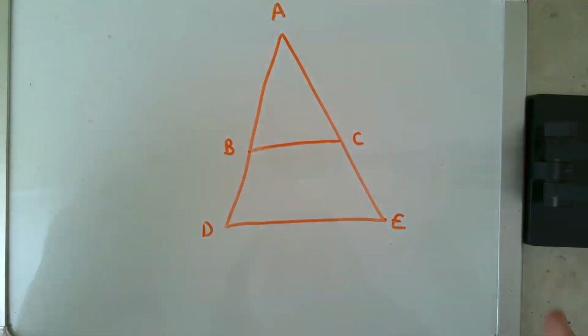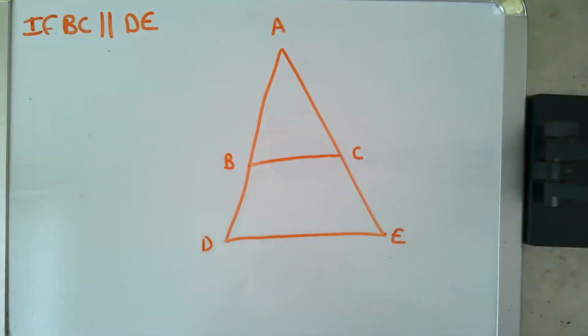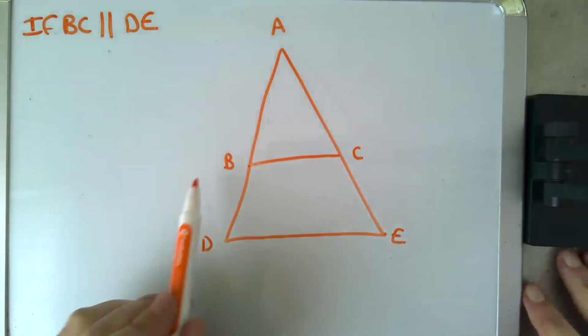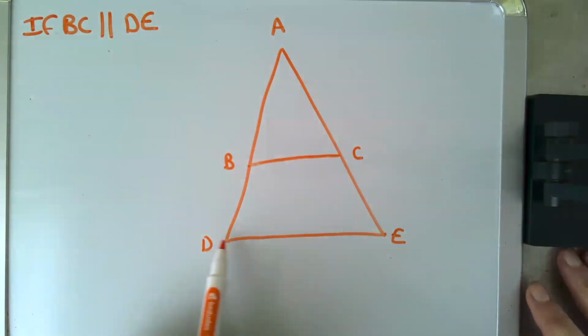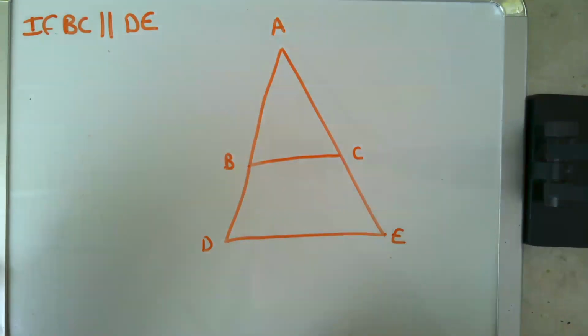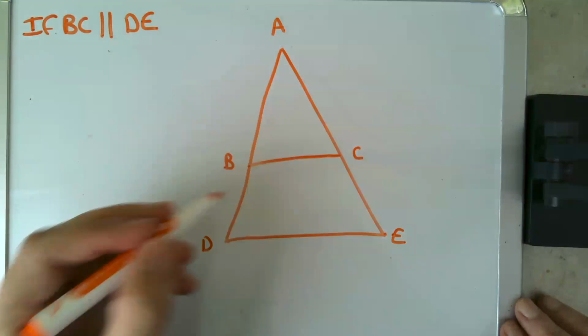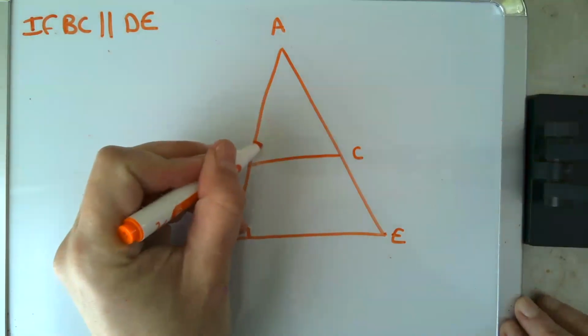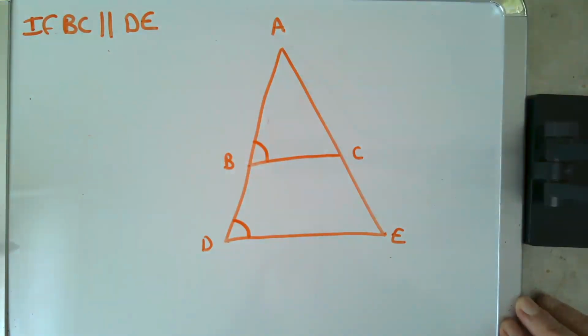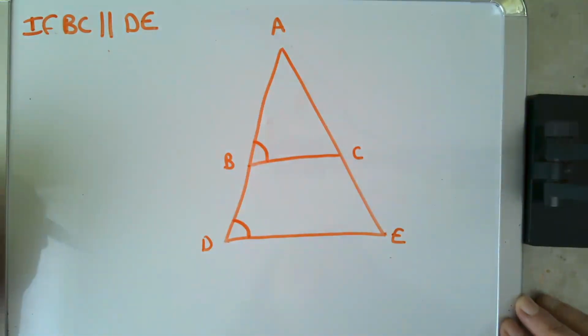But otherwise, let's talk about how a problem like this might be set up. If BC is parallel to DE, that one sentence gives us similarity. So let's take a look at how. Here's BC, here's DE. If those two lines are parallel, then through corresponding angles, this angle would be congruent to that angle, or we could do the same over on this side with that transversal.